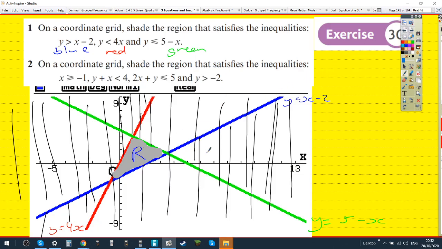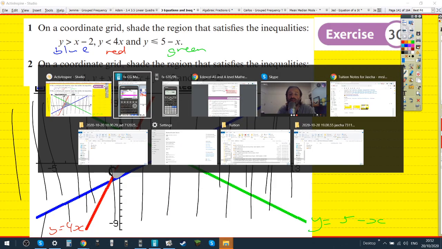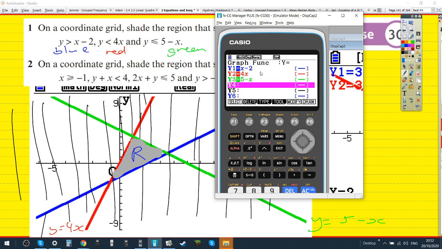I forgot something. I can actually do it on this calculator. Is it too late? Let me press type. So this is y is greater than. That's F1. Do I have to start again? Hang on. It does work.